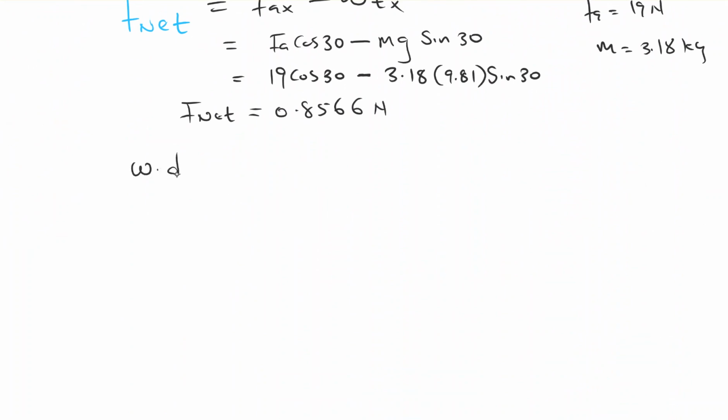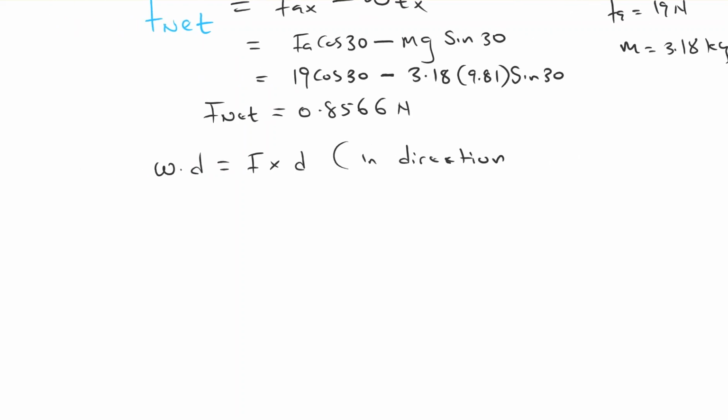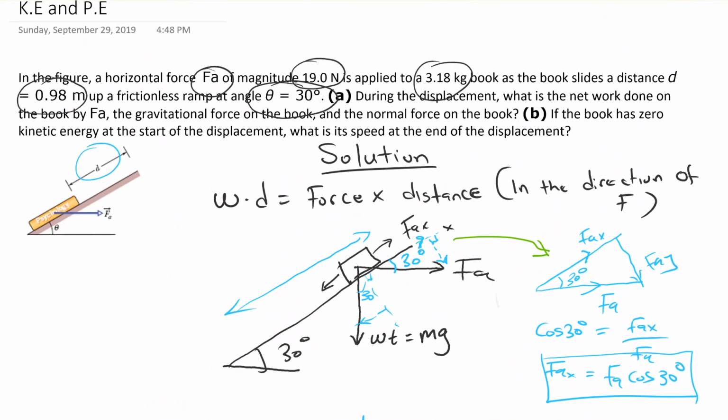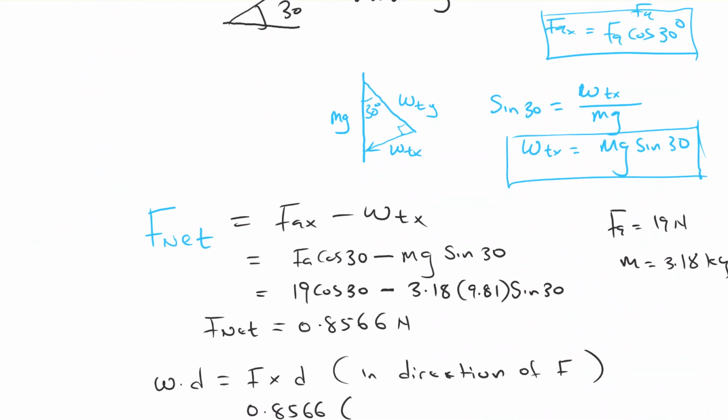So work done, like we said, is force times distance. Now distance is always in the direction of F. So we have 0.8566 times the value of the distance traveled. It is 0.98 meter.